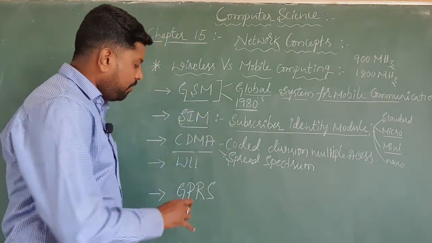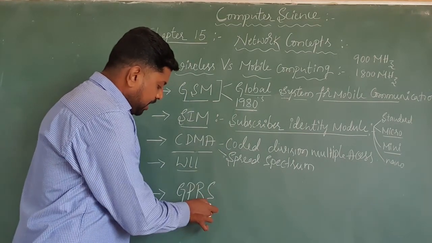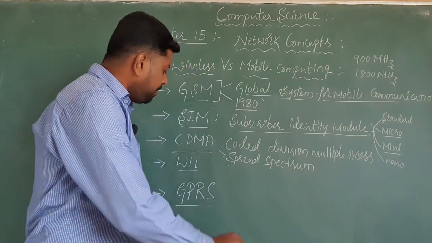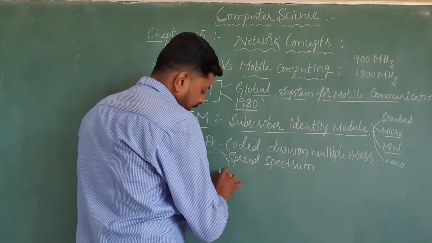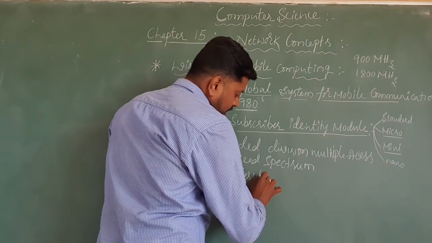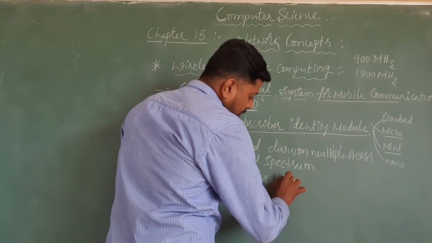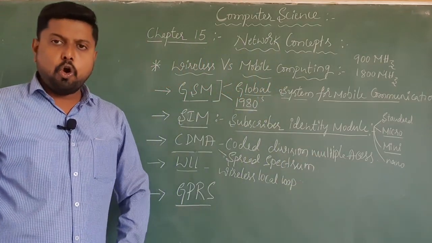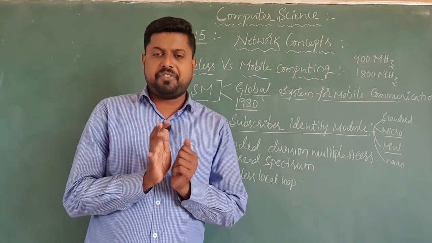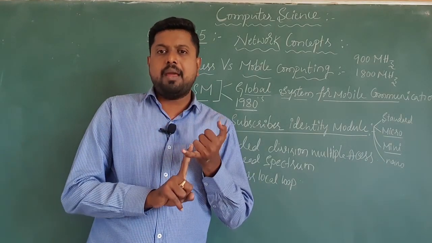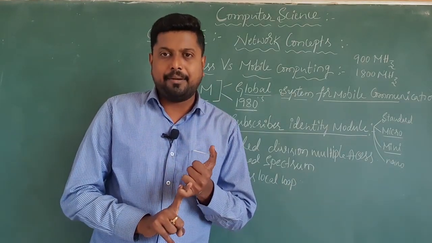Then coming to one more technology, that is WLL and GPRS. WLL is wireless local loop. Wireless local loop is a type of technology used for user subscriptions through online.